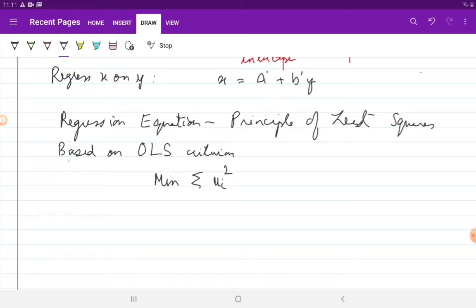And what is this error term? Ui is the error term. It is also often called the disturbance term, and another word for it is the deviation.